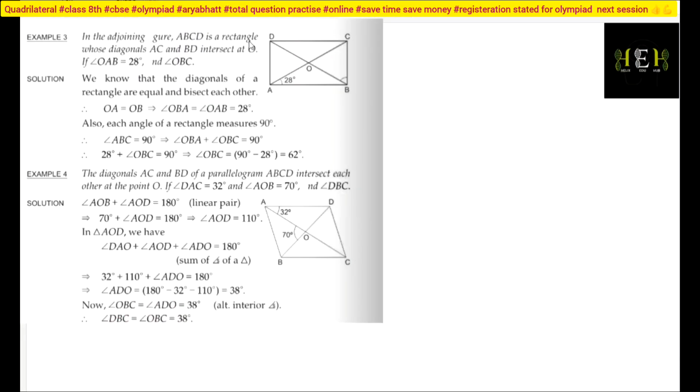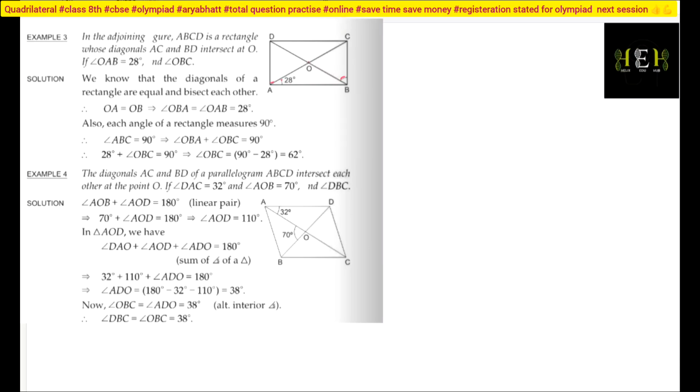In the adjoining figure, okay, this is the figure, this is the rectangle whose diagonals AC and BD are intersecting at O. Means diagonals are intersecting, and they have told that angle OAB is 28 degree, so I have to find angle OBC. I have to find this one. Now see, this one is a rectangle, this side is parallel to this, so I can say one thing: that AC is the transversal.